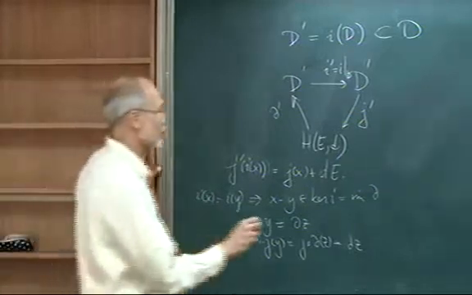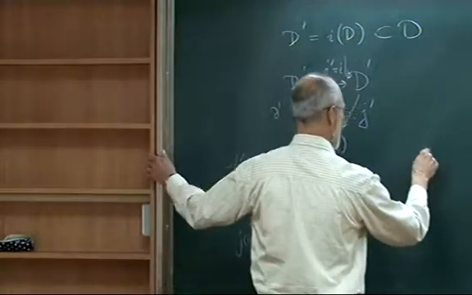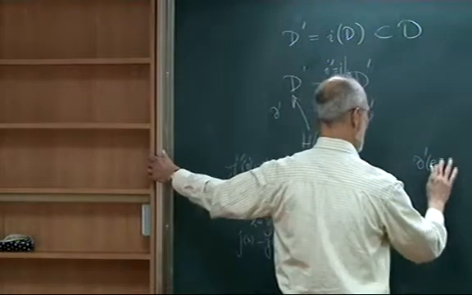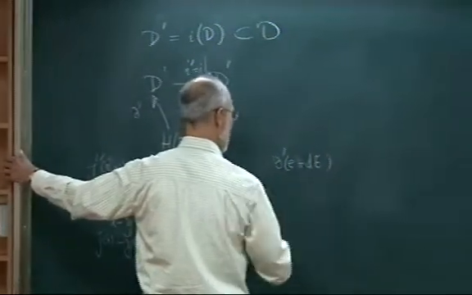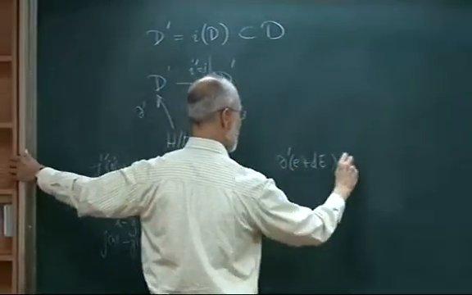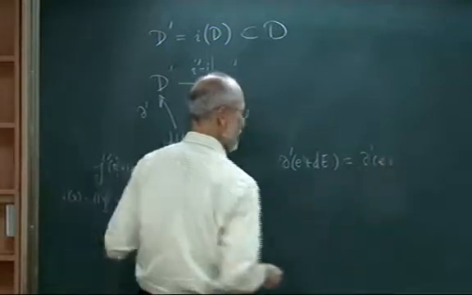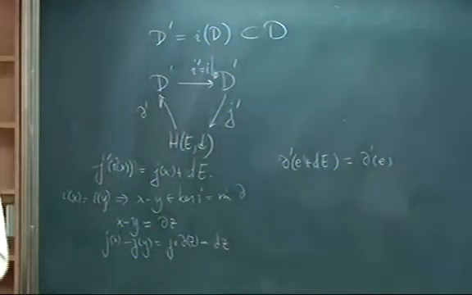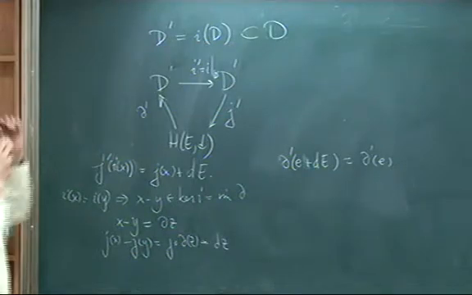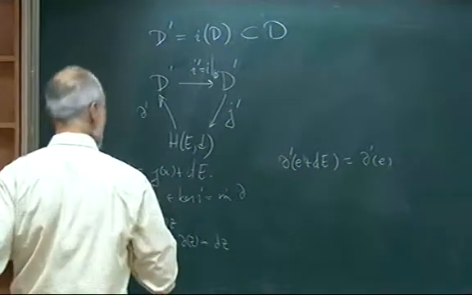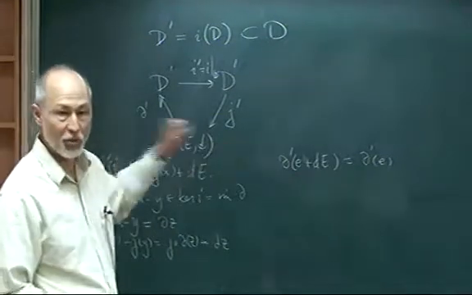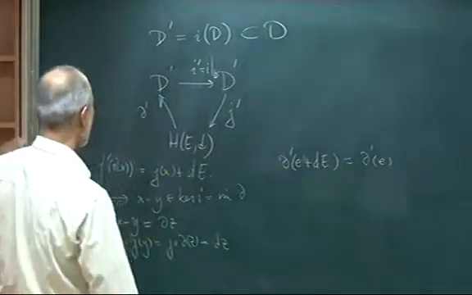The mapping delta prime of a coset like this, it turns out, suffices simply to take the value of that, and this also is well defined by chasing around.